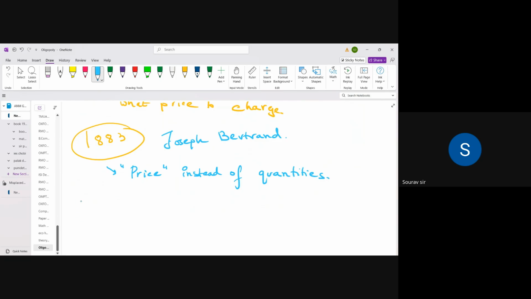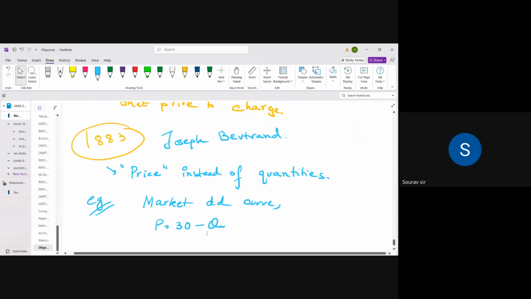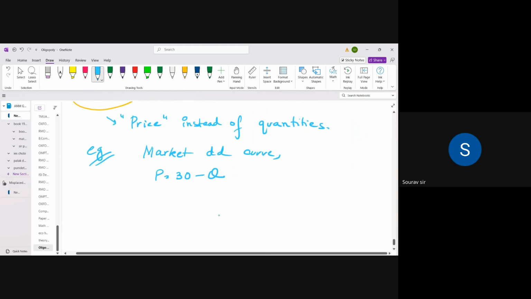Okay, so we will see. Let's return to that same example. Say that the market demand curve is given by P equals 30 minus Q, where Q is Q1 plus Q2, the total production of the homogeneous good.